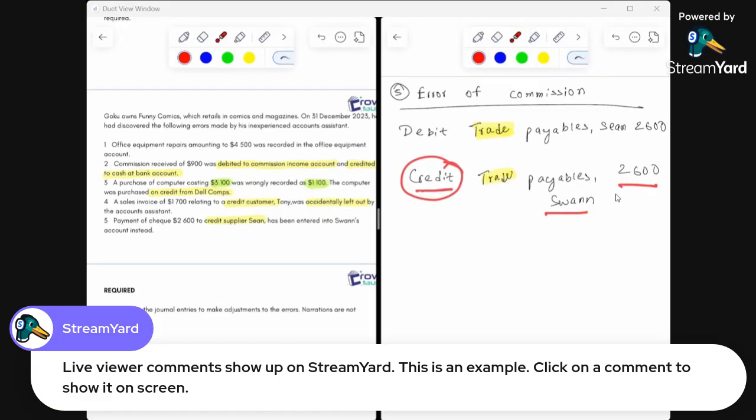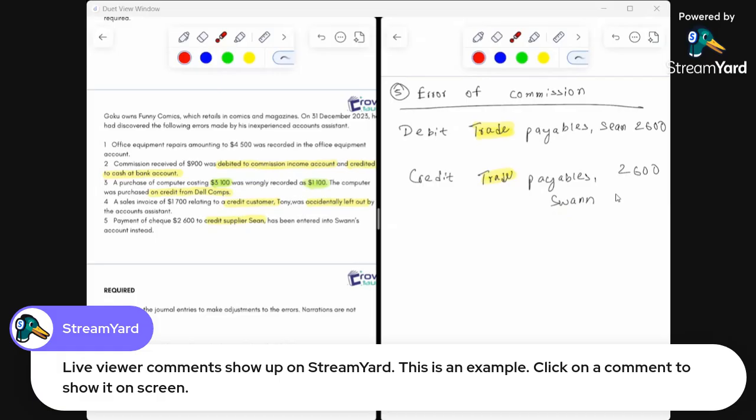At the same time, we will reduce the liability or obligation we've got with Sean, so trade payables for the account of Sean, by 2,600, because obviously our liability is going down. Okay, so when liabilities go down, we debit it, which is what you can see we are doing in the account for Sean. And when liabilities increase, we credit it, which is what you can see we are doing in the account of Swan. So both are $2,600.